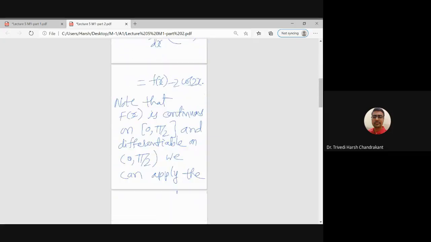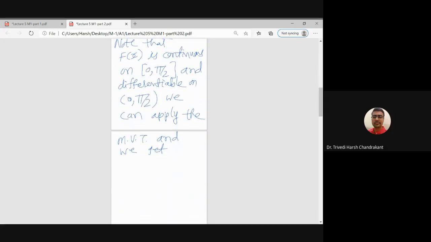So yes, you're right. So that we need to check, right? So you are basically saying that one condition of the Mean Value Theorem is we have to check that at the end point the function should be same. So you're right. So let us check that.